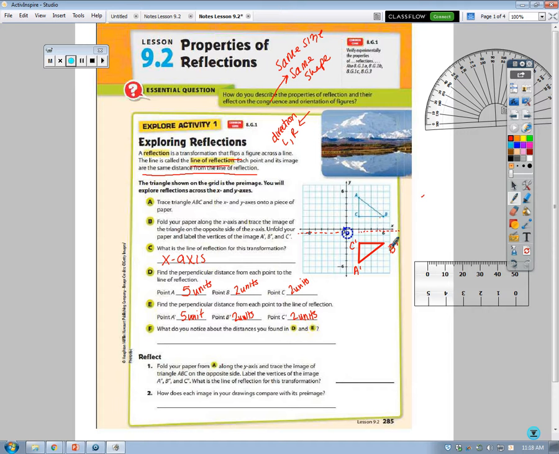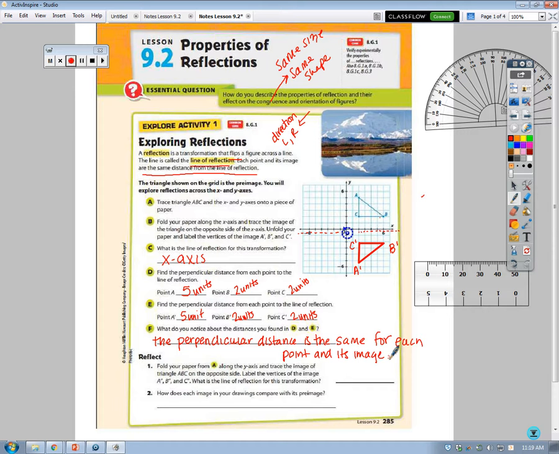So we could say something like they are the same for a point and its reflection, or the perpendicular distance is the same for each point and its image. Right, that means our after. So each point in our pre-image as it is in our image.